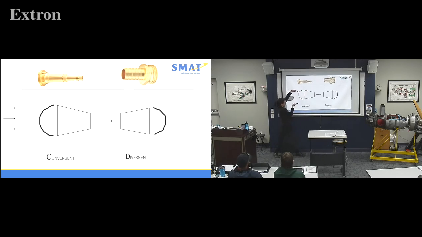As it's getting squished together, off it goes. What is happening to pressure? It is lowering. So pressure decreasing, velocity increasing.